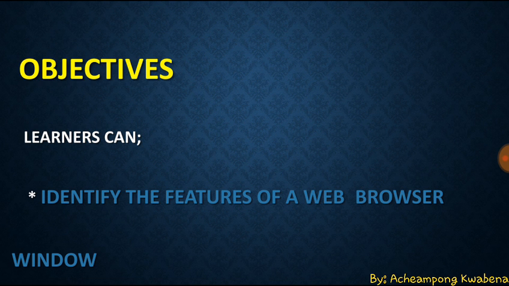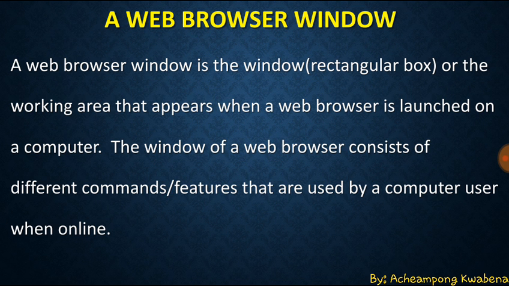Before we start, we'll look at what a web browser window is. When we talk of a web browser window, we are referring to the rectangular box or the working area that appears when a web browser is launched on the computer.